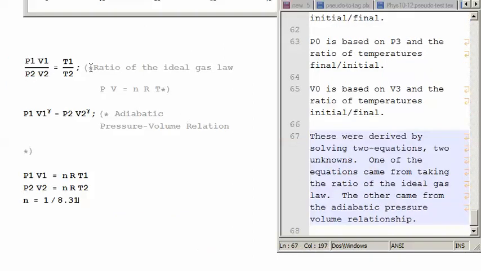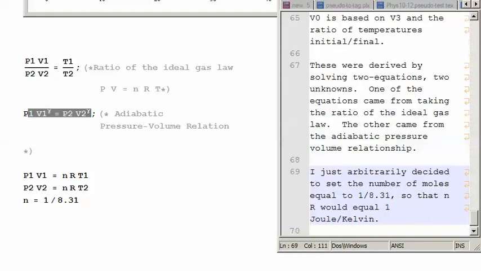One of the equations came from the ratio of the ideal gas law, and the other one came from the adiabatic pressure-volume relationship. Now, I just arbitrarily decided to set the number of moles equal to 1 divided by 8.31 so that N times R would equal 1 joule per Kelvin.